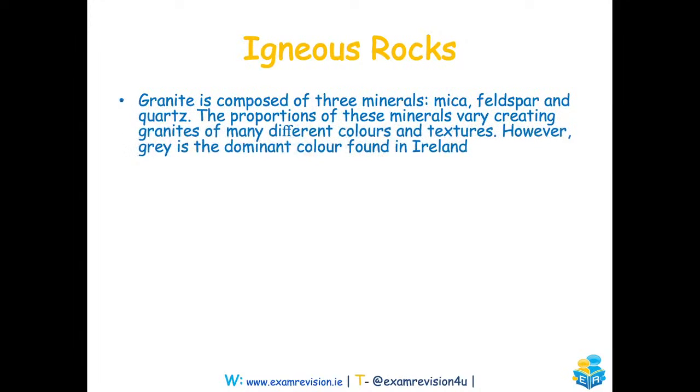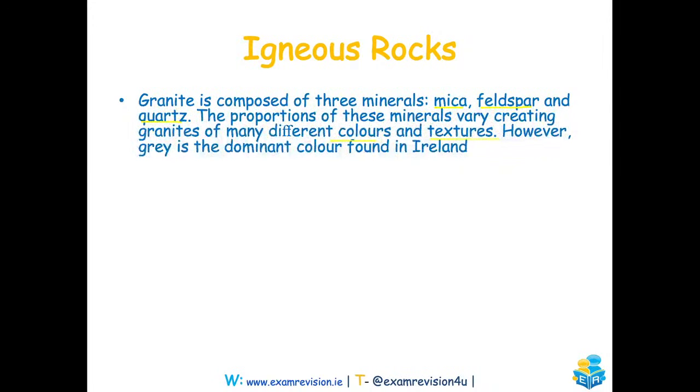Granite is composed of 3 minerals: mica, feldspar, and quartz. The proportions of these minerals vary, and because they vary, they create different types of granite with different colors and different textures.